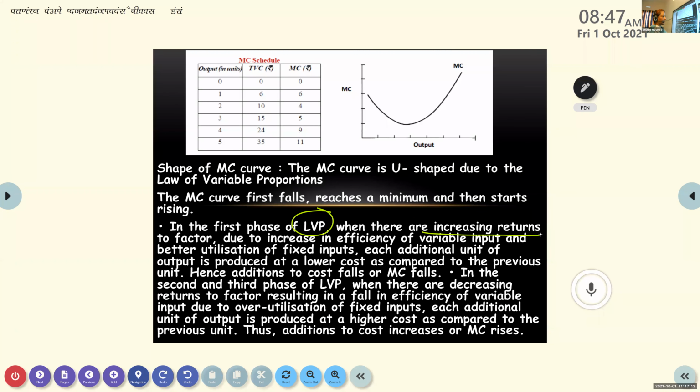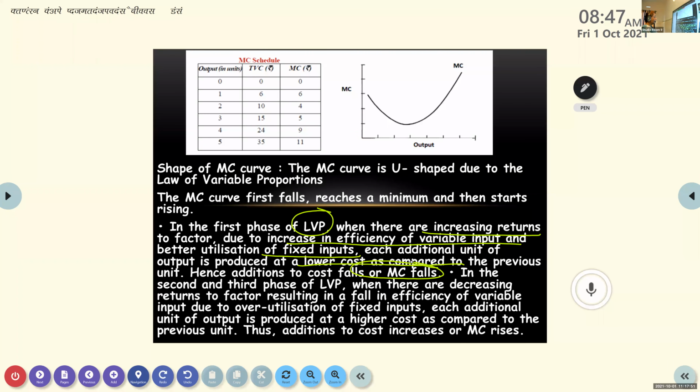Why? Because of the increase in efficiency of variable and fixed inputs, since the fixed inputs are new. So for each additional unit of output, the cost is very low compared to the previous one. That is why in the beginning stage the marginal cost falls. So this is about the first phase.